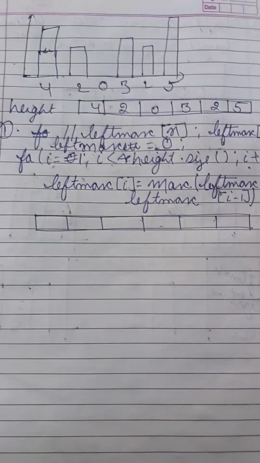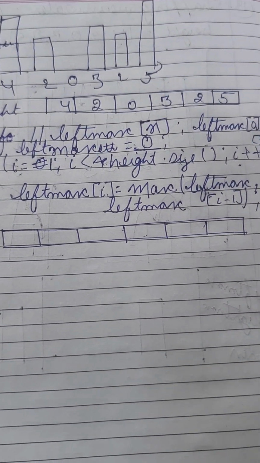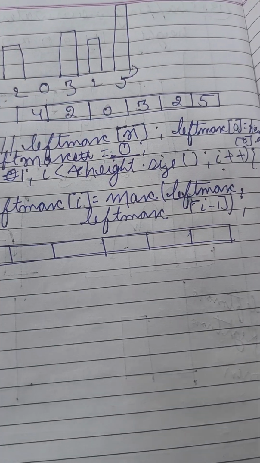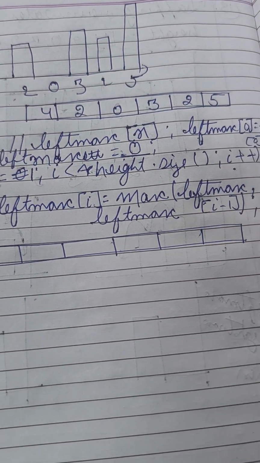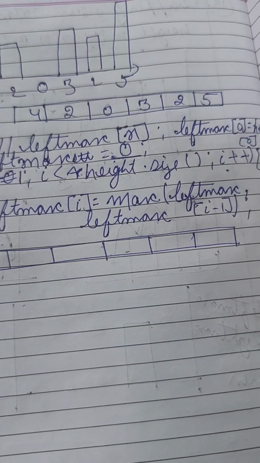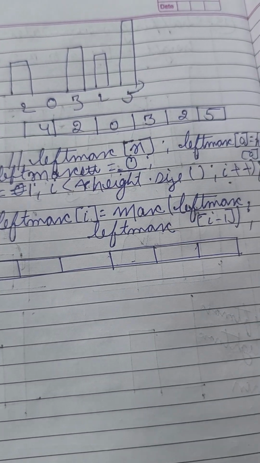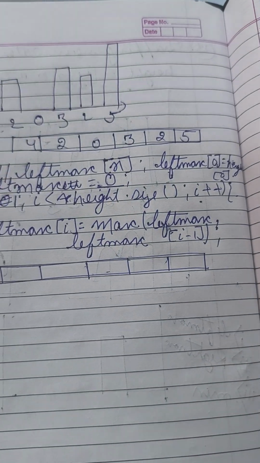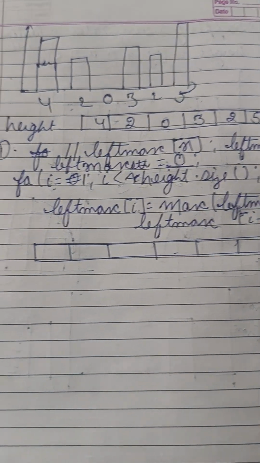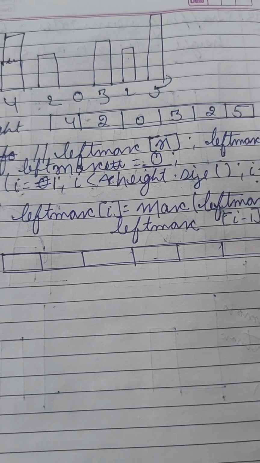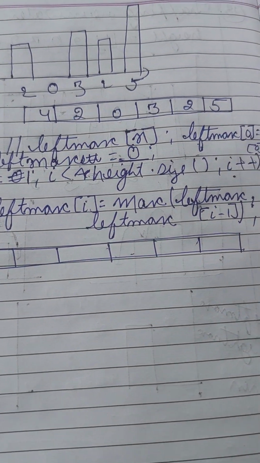Let me explain it. For dealing with the question, the concepts you would have got till now are: you have to take out the left max, you have to take out the right max, then take the minimum of left max and right max, and then the trapped water is going to be determined. I have told you clearly how we decide the left max or the right max.